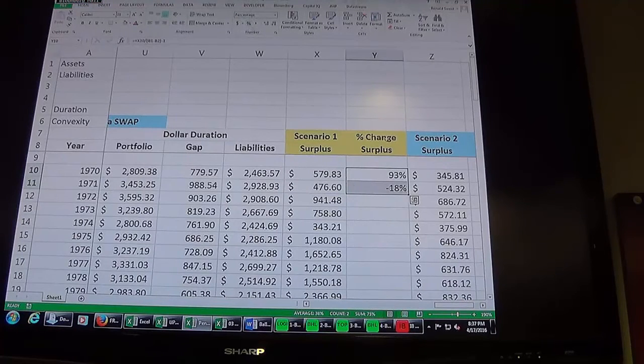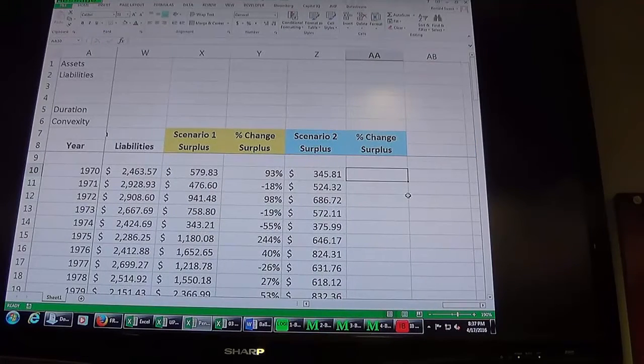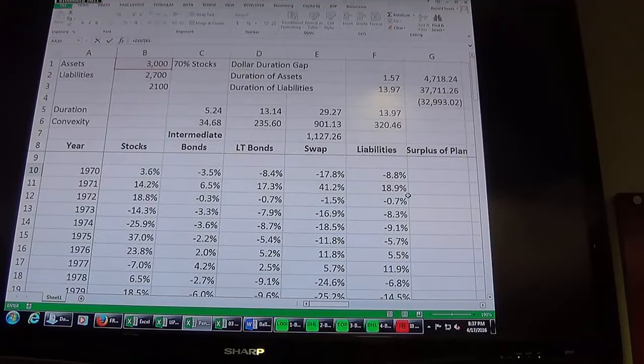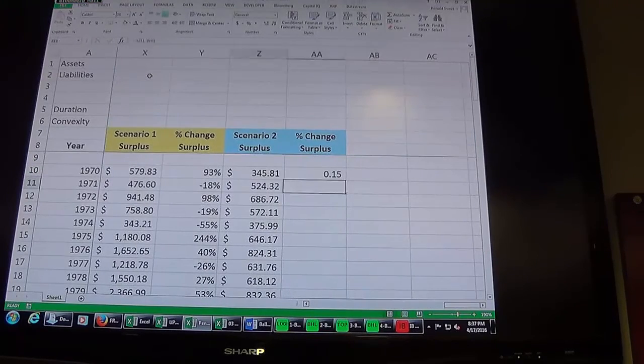Y'all agree that's our return, right? In scenario 2, the exact same thing. Plus that divided by our beginning. 3 billion minus 2.7 billion. Minus 1. We can copy this one over. It's going to be very volatile because it's very levered.